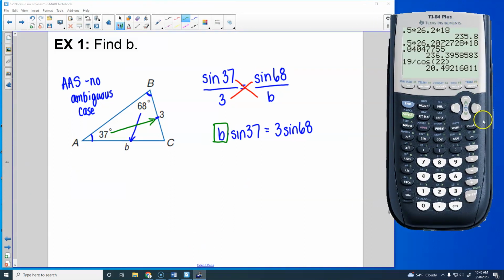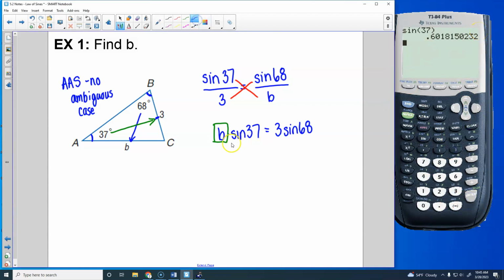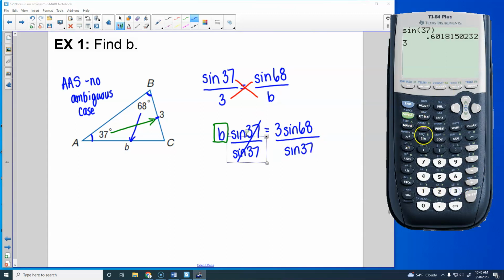All right. So sine 37 is just a decimal. I'm just going to divide it off. And so then I can do 3 sine 68 divided by sine 37.